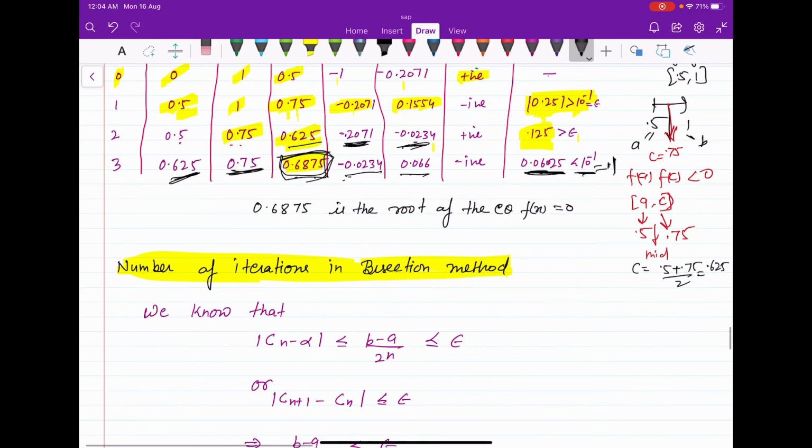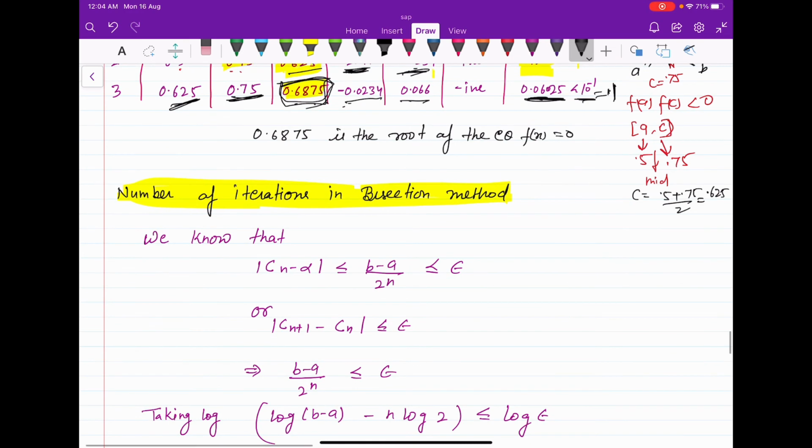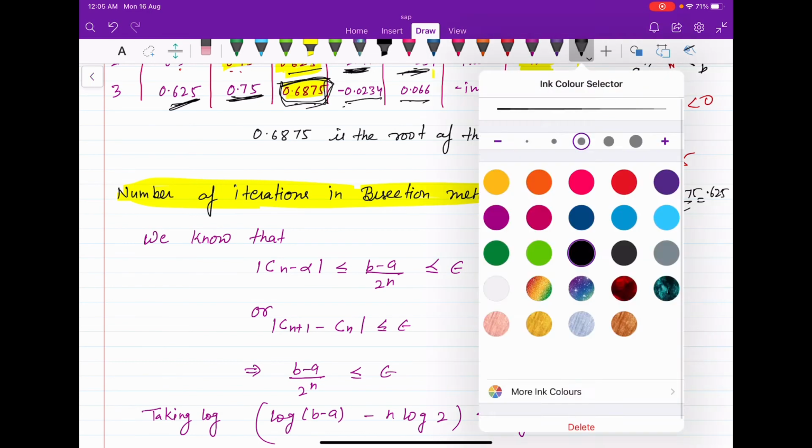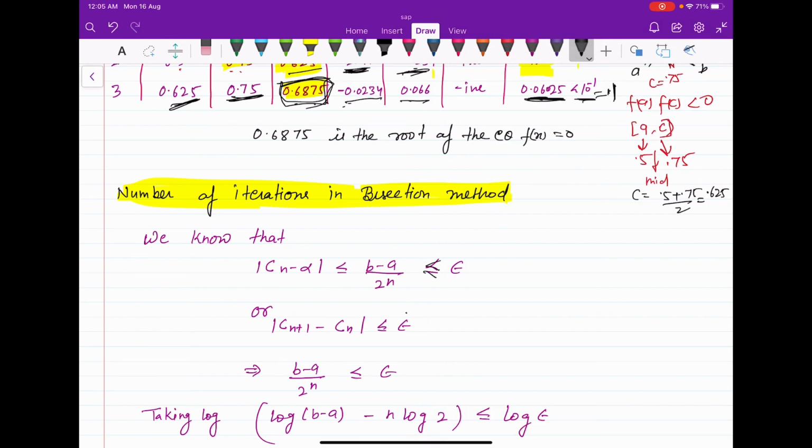Next is the number of iterations in the bisection method. We have already shown in the previous part that |c_n minus alpha| is less than or equal to (b minus a) upon 2 raised to n. So we can say if the error is less than epsilon, we will stop. That means if |c_(n+1) minus c_n| is less than epsilon, we will stop.